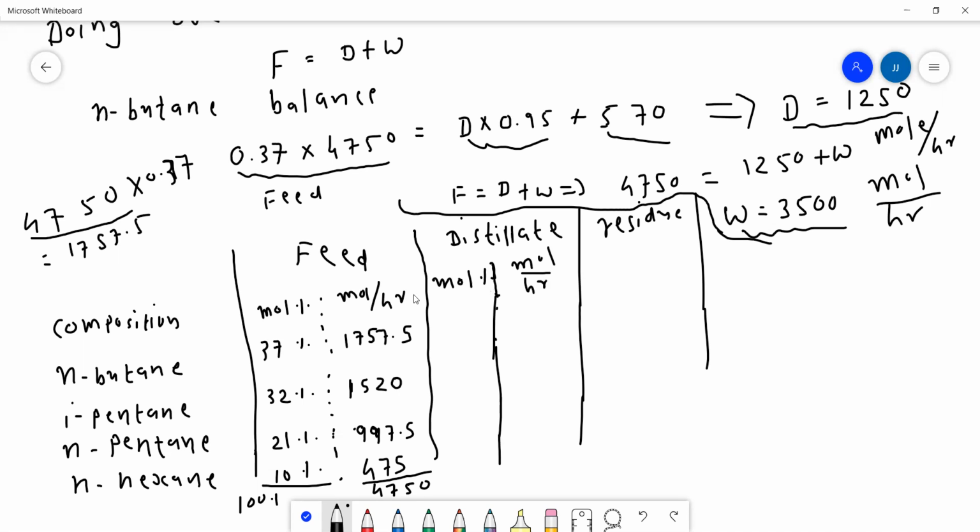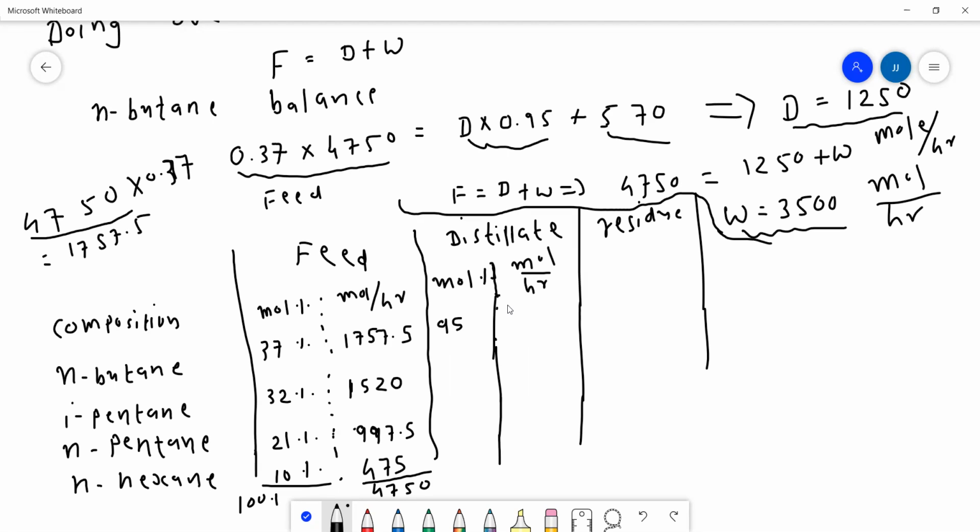In the distillate, the required mole percent is 95%. What is the flow rate of distillate? We have already calculated it: the flow rate of distillate is 1250. So it is 1250 multiplied by 0.95.